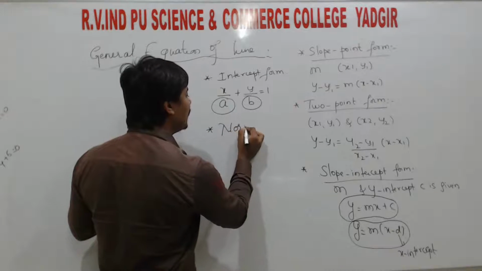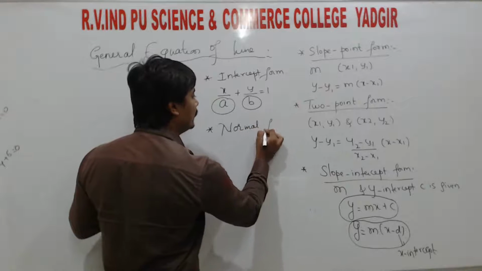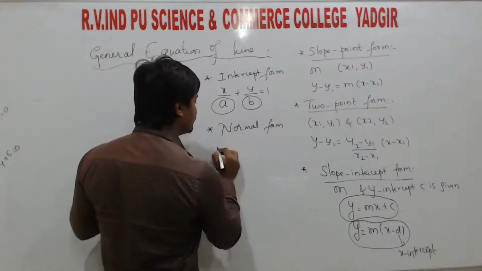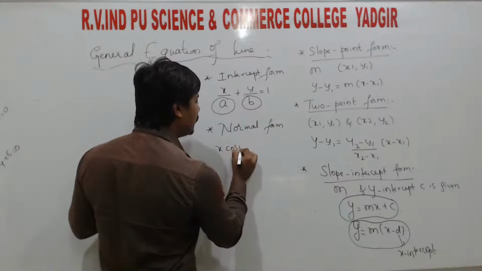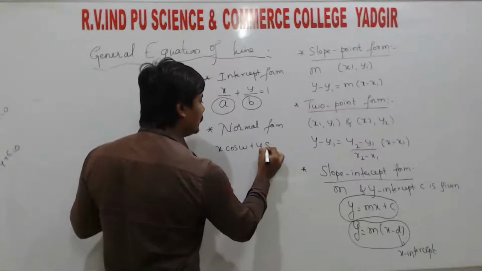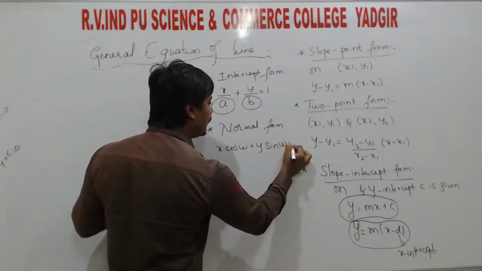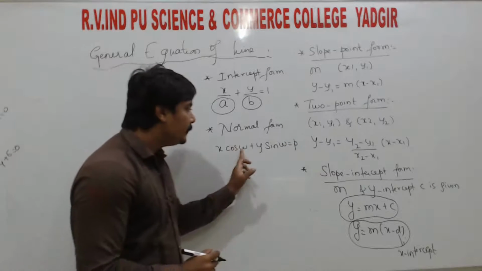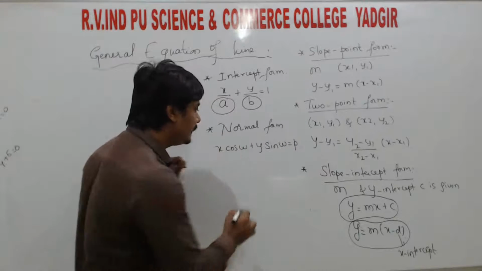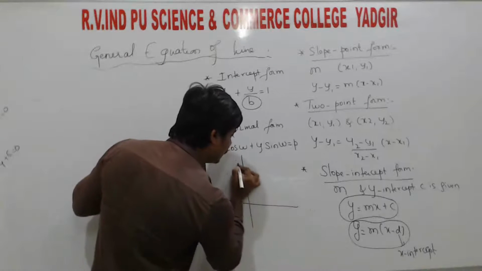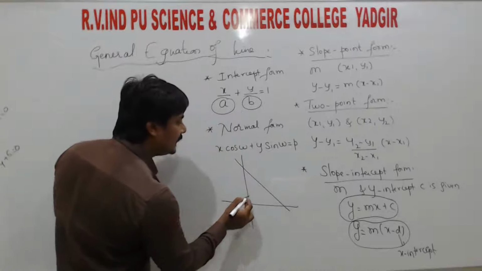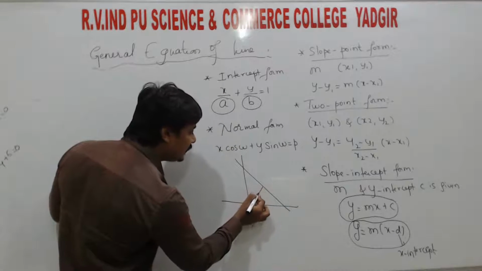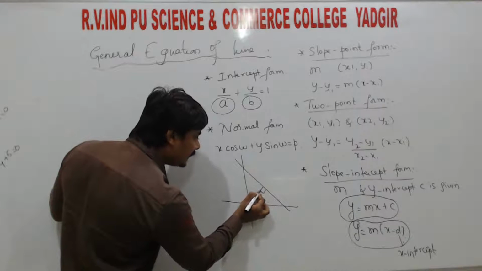Next form, which is it? Normal form. So what is the normal form of the straight line equation? x cos omega plus y sin omega equal to p. Right? So what is omega here and what is p here? p stands for the length of the perpendicular drawn from the origin to the line.